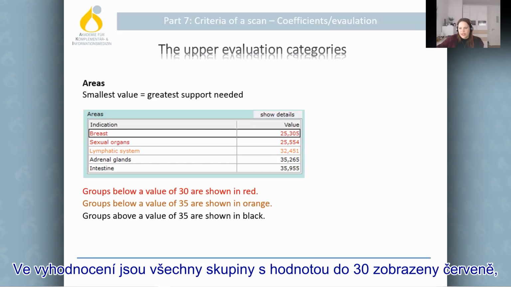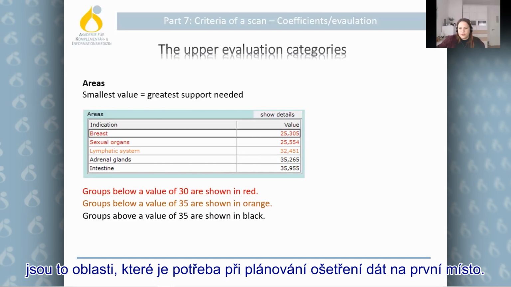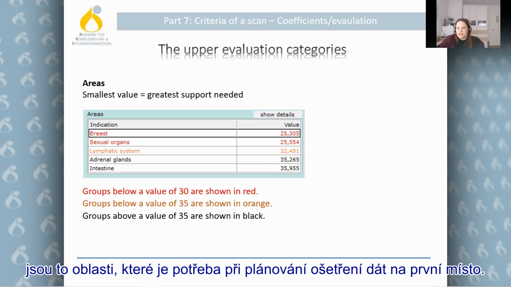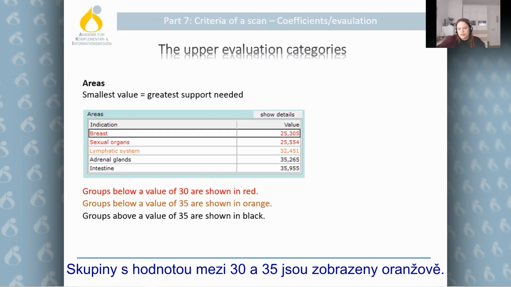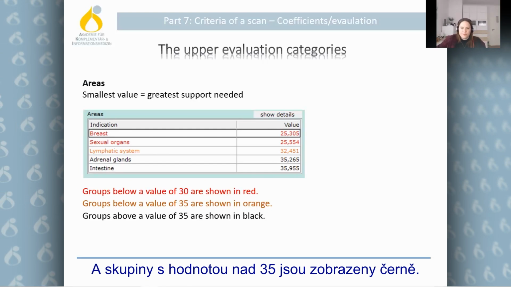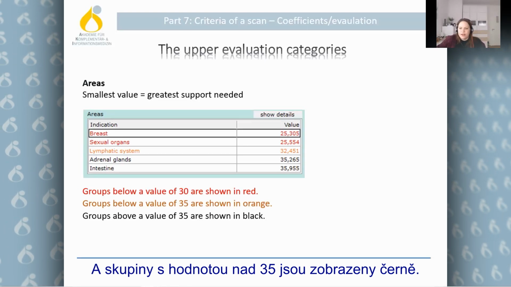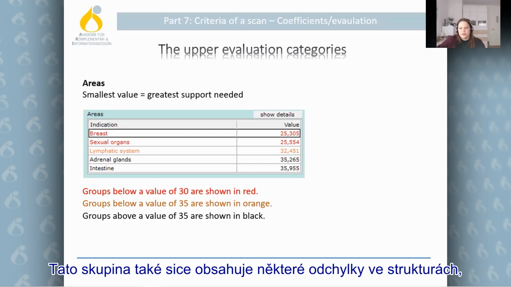In the areas evaluation category, all groups up to a value of 30 are displayed in red letters. They are the most important to consider when planning an energetic treatment. All groups with a value above 30 and below 35 are displayed in orange. These also have high priority, but they are behind all groups of the upper three evaluation categories for the time being. Groups that have a value over 35 are displayed in black. These also have deviating structures contained in the group.